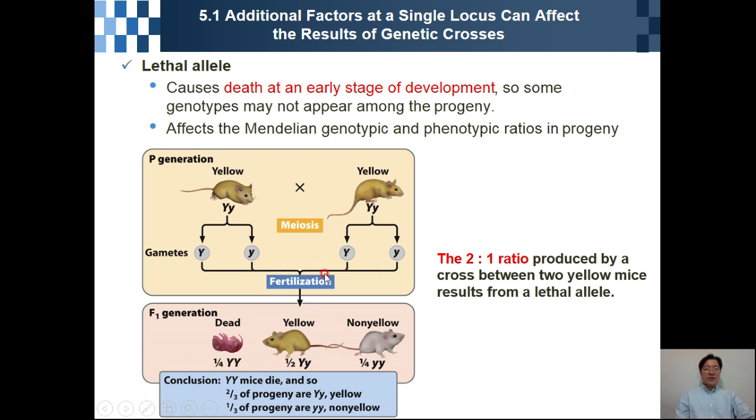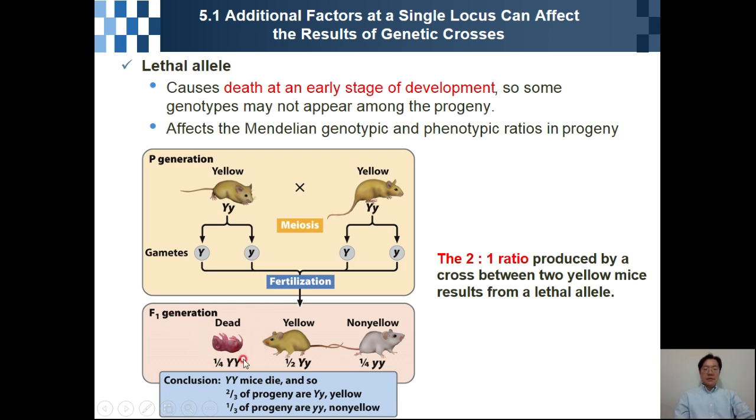After fertilization, we will have the F1 generation: large YY, large Y small y, and small y small y. The genotypic ratio is 1 to 2 to 1. So you can do the Punnett square.